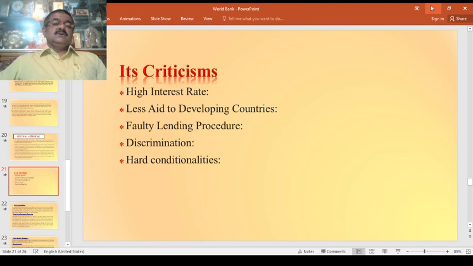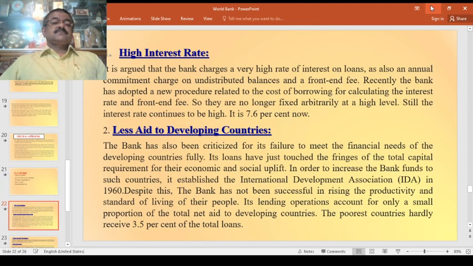There is mainly the high interest rate. This is always leveled against all financial institutions. It may be local, national, or international level. For any type of financial institution, the borrower is going to say that yes, it is a high interest rate.